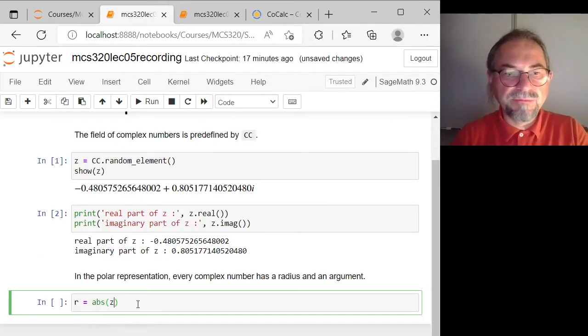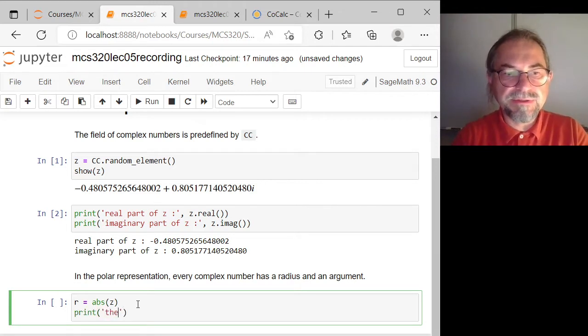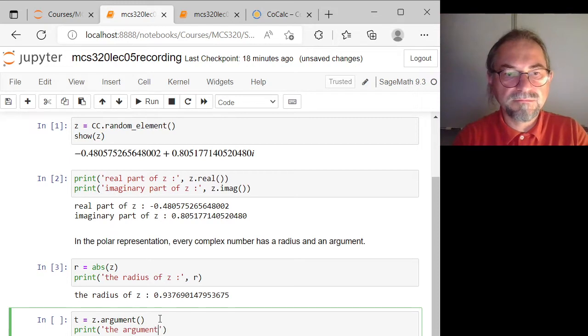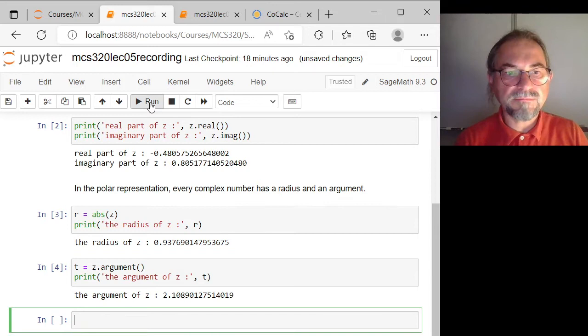That's the absolute value, so print the radius of z. And the argument can be computed as follows. The argument is an angle in radians between 0 and 2 pi.